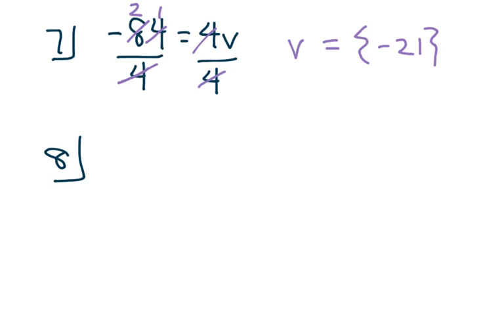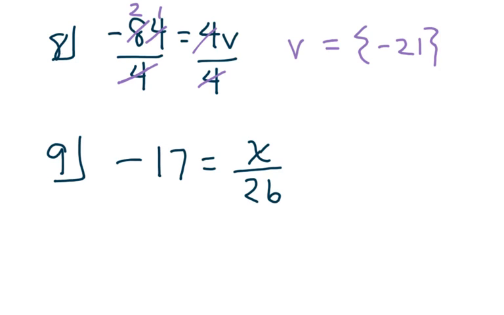We have, or this was 9 actually. This was 8. This is 9. We have -17 equals 8 over 26. In this case, the x is on the right-hand side like our v was.